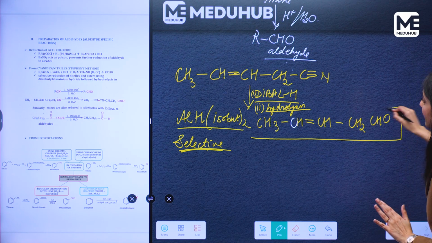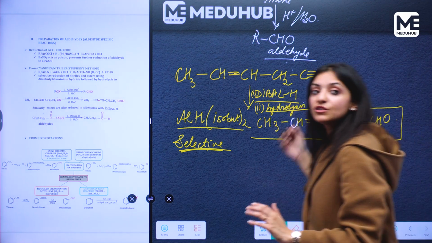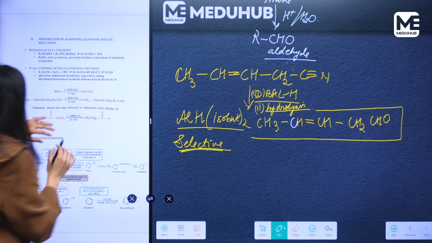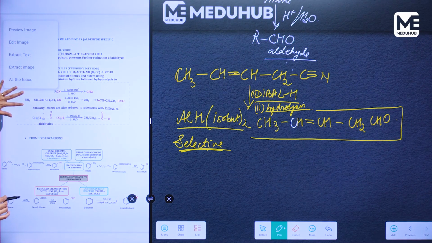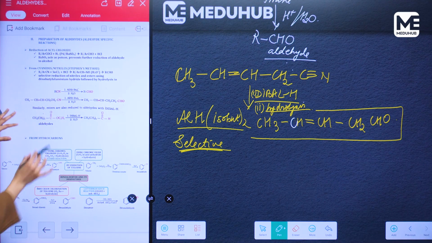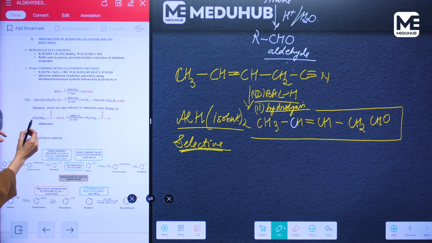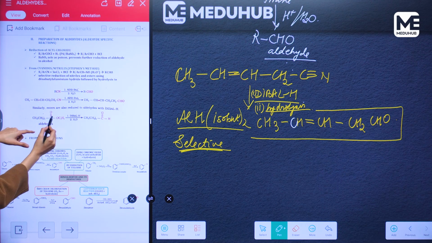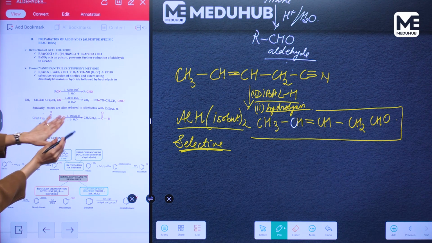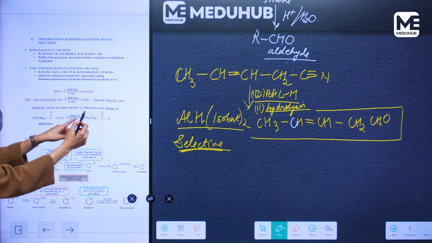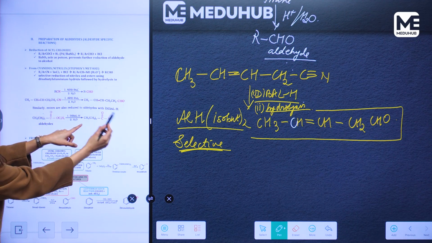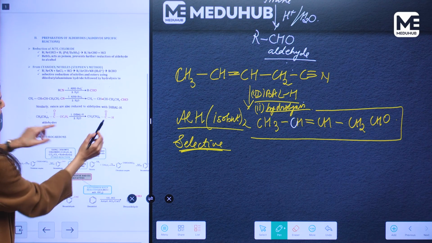We will get the aldehyde. DIBAL-H can also be used to reduce esters to aldehydes here. So we have an ester here, C double bond O, C2H5 this side. Using DIBAL-H followed by hydrolysis, you will get this aldehyde here.